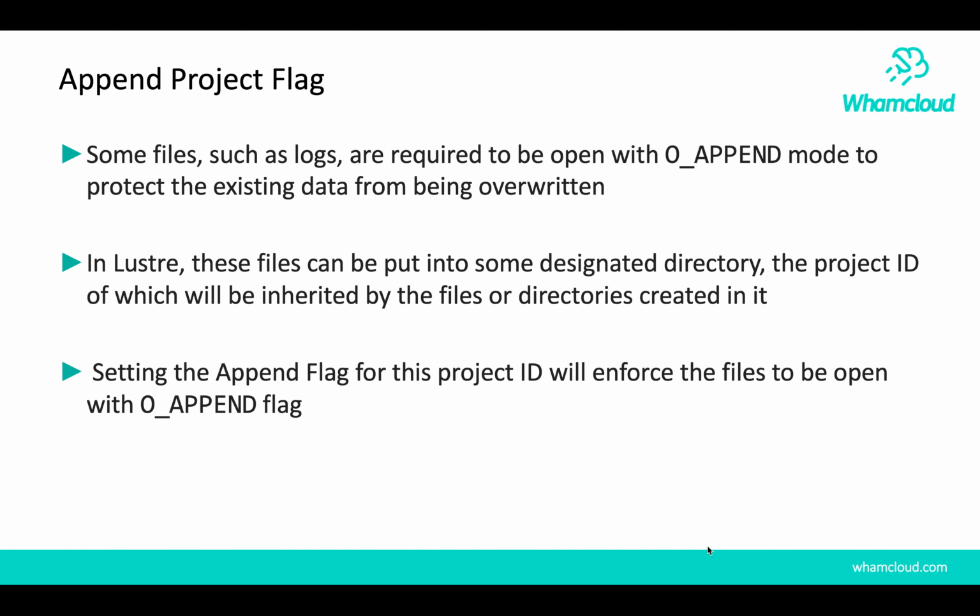Create the log directory and set the log project ID and project inherit flag on it, then set the append project flag to this log project ID. Then all the log files in the log directory will be enforced to be opened with the append flag, and an error will be returned if the log file is not opened with the append flag.